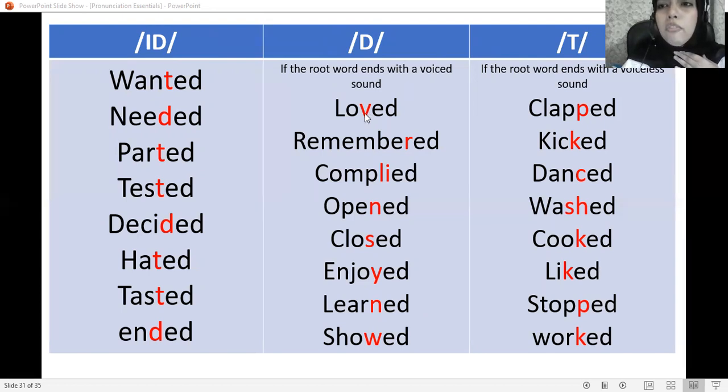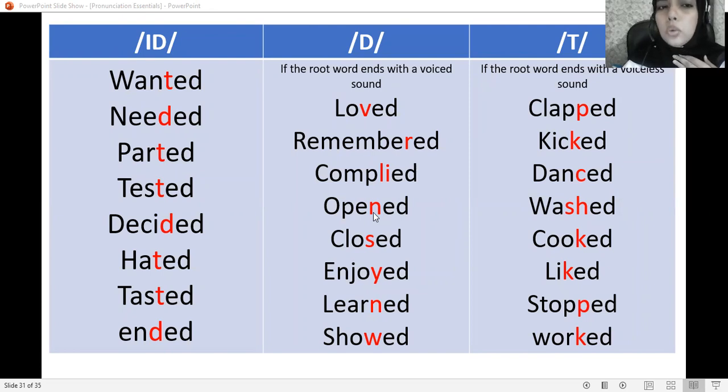So, v, v, your vocal cords are vibrating. The R sound, r, voiced. Comply, y, vocal cords are vibrating.